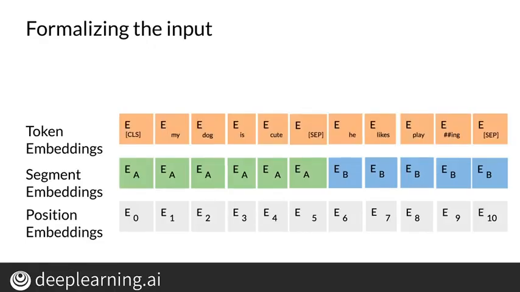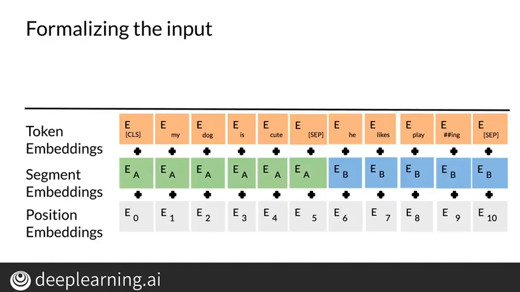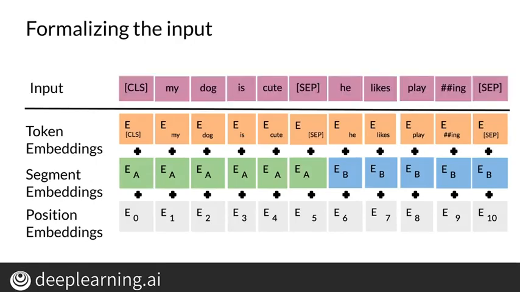And then you have the token embeddings or the input embeddings. You also have a CLS token, which is used to indicate the beginning of the sentence, and a SEP token, which is used to indicate the end of the sentence. Then you just take the sum of the token embeddings, the segmentation embeddings, and the position embeddings, and you get your new inputs.